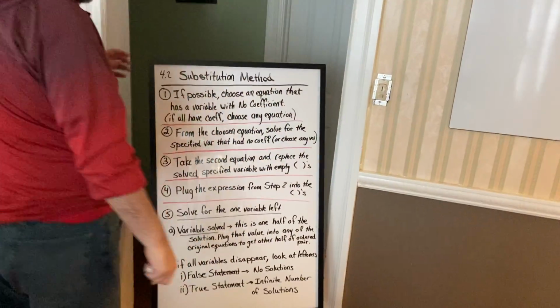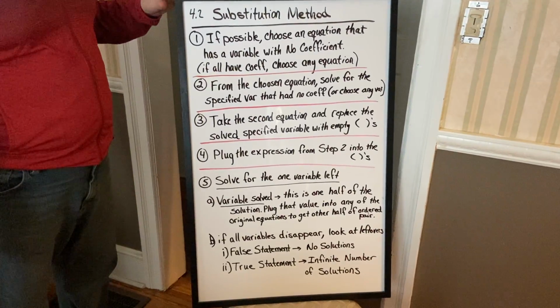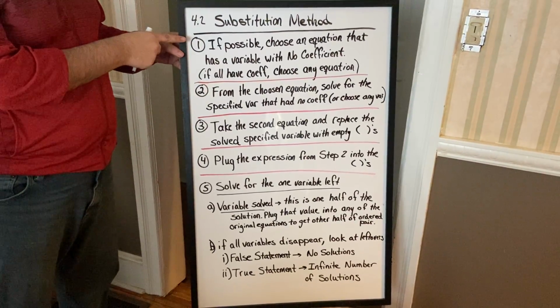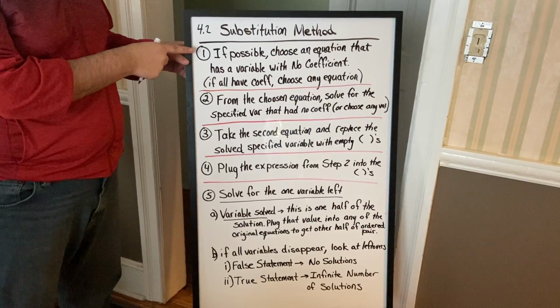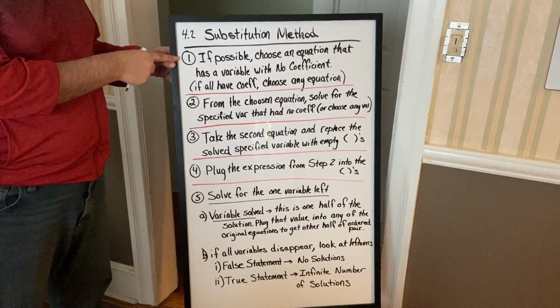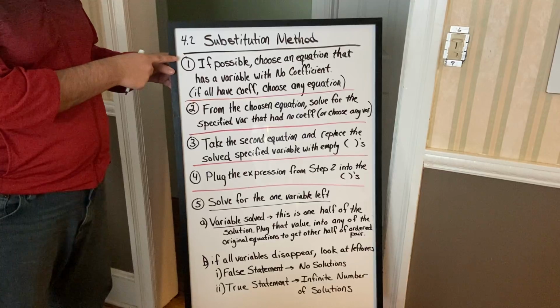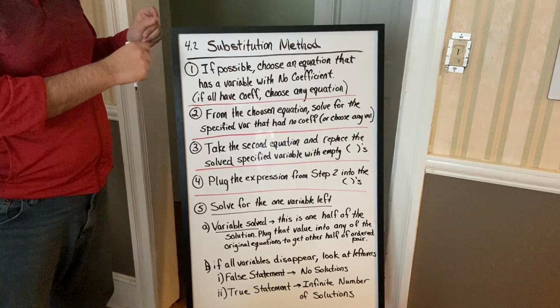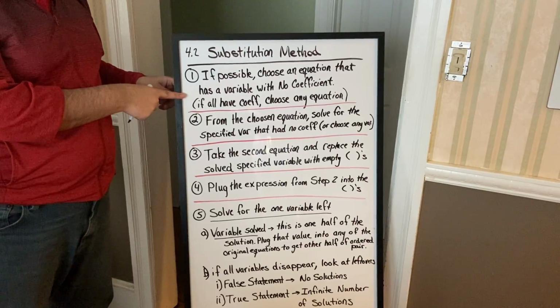Now the substitution method, just like with the graphing method, I have all the steps here. So what you're going to do is, if possible, choose an equation that has a variable that has no coefficient, okay? The reason is that it makes it easier to solve for the specified variable. If all the variables have coefficients, then you just choose any equation, right?